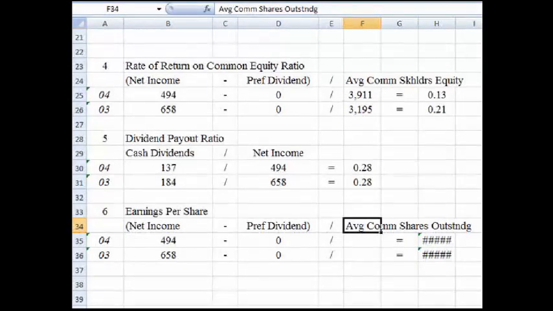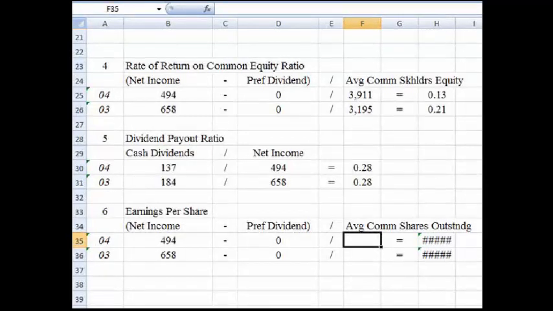The average common shares outstanding is listed in the additional information section of the problem on page F497. Now you need to remember that since net income is in thousands of dollars, the average common shares outstanding also needs to be entered in thousands. If you miss this step in this calculation, the earnings per share will look terrible, and the terrible results will reflect on our next ratio, which uses the earnings per share in it.